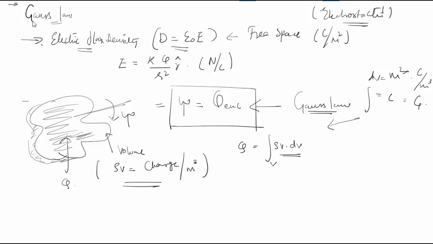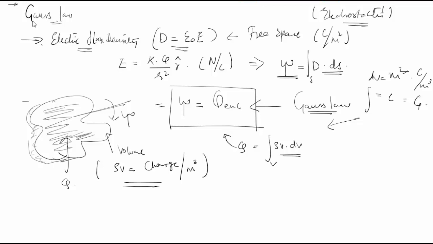Now, the electric flux density says that the flux is given by the surface integral of D dot ds, which is equal to the total flux through any surface.